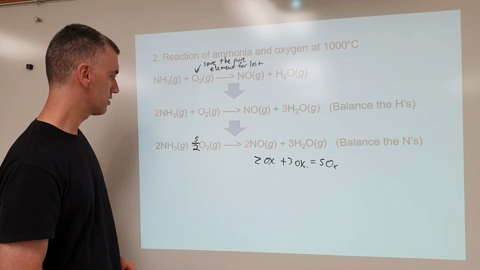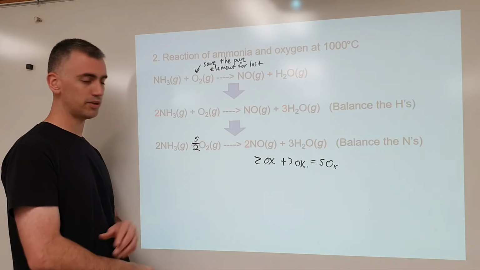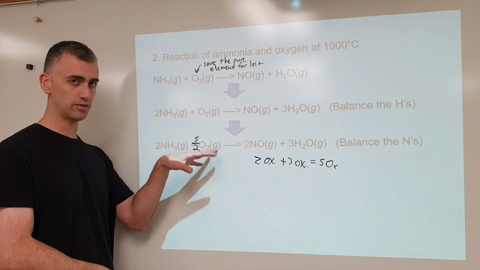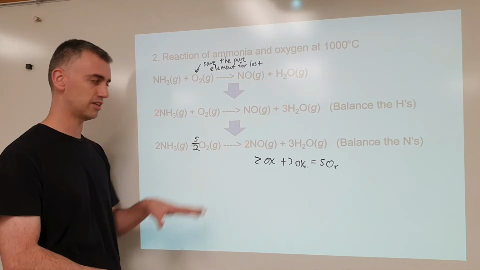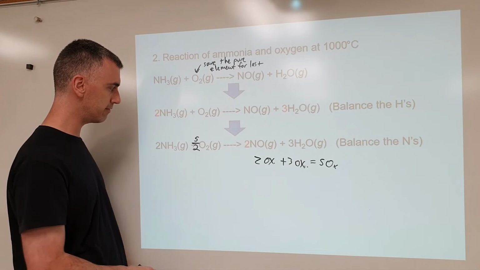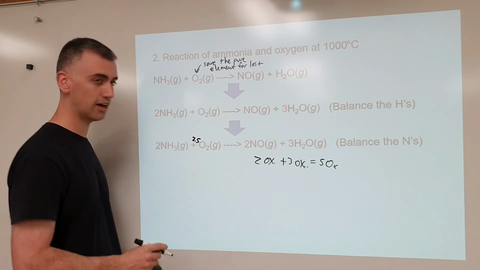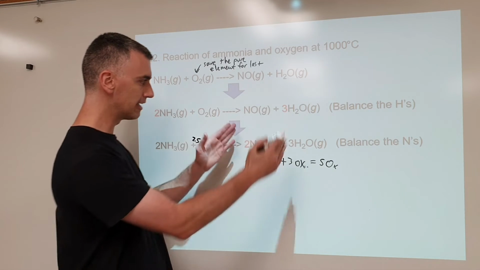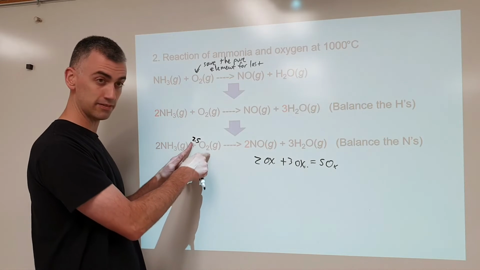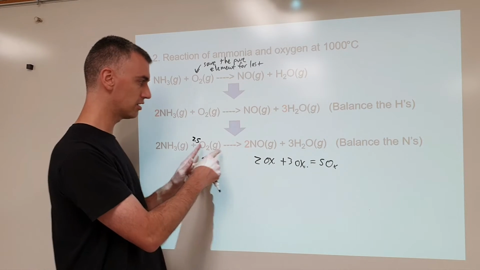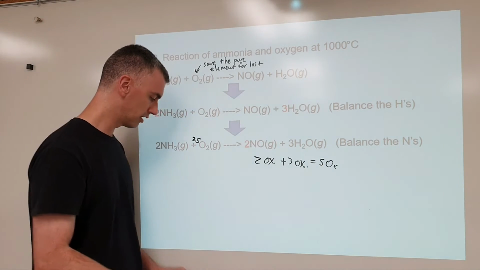So this is what I need. We call this a fractional coefficient. You're not allowed to have this in your final equation, so we're not done yet. But if I could have 5 halves, aka 2.5 oxygen molecules, I would have 5 oxygens, because 2.5 times 2 is 5 oxygens to balance the 5 oxygens here.